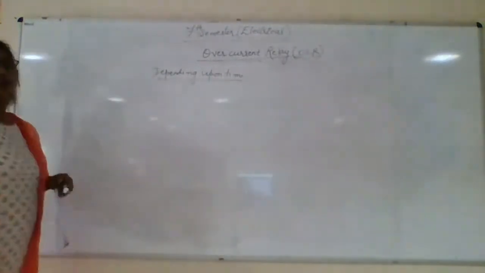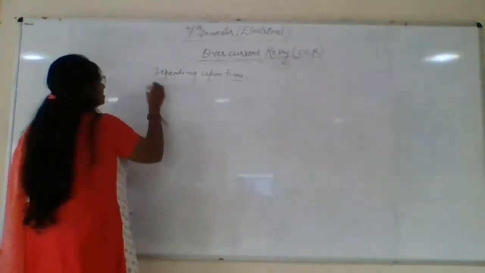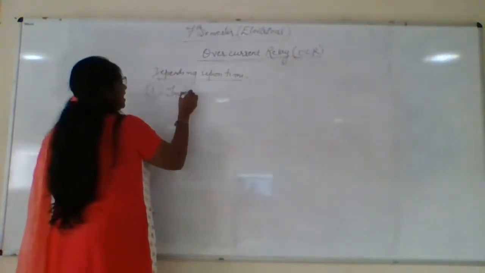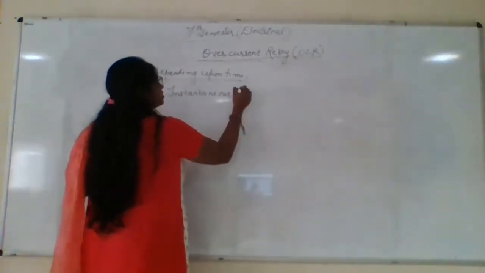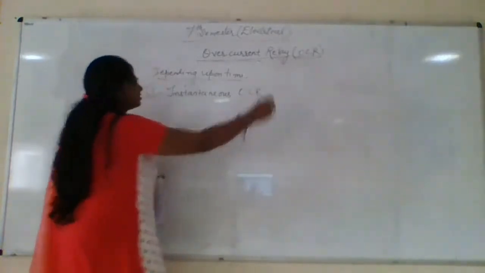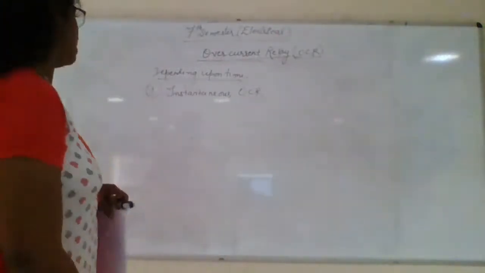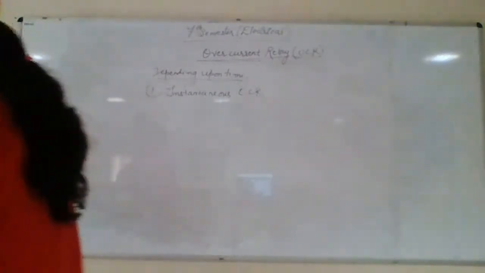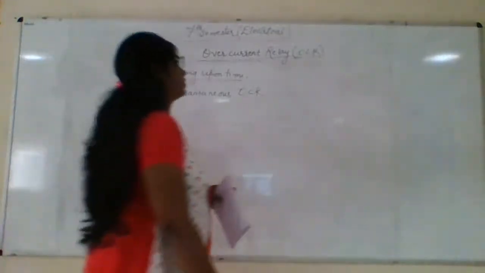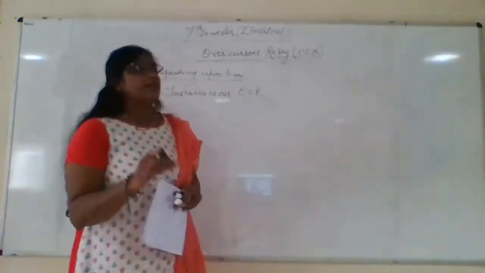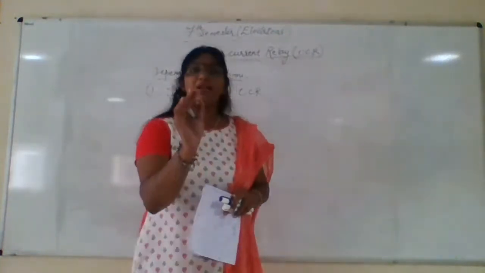The classification of OCR, or overcurrent relay, depending upon time. The first is the instantaneous OCR, the instantaneous overcurrent relay. What is an instantaneous overcurrent relay? The name itself reveals something. Instantaneous overcurrent relay means without any time delay. Instant means at that particular moment.